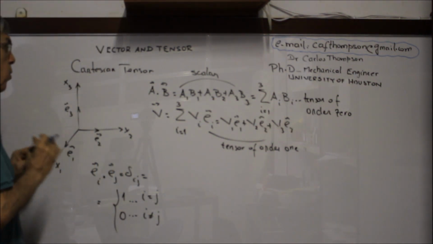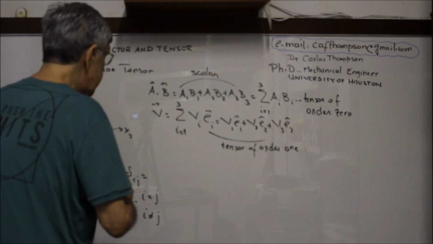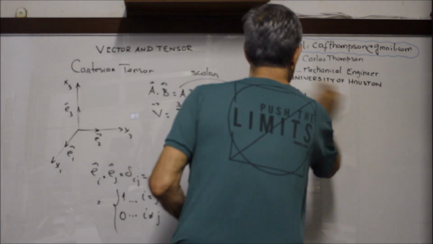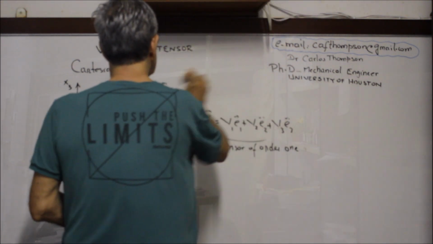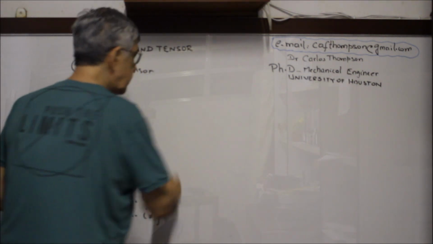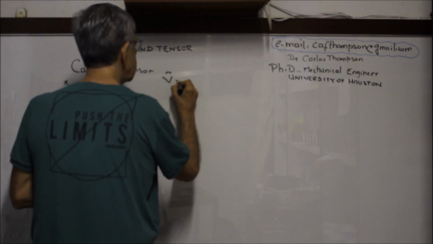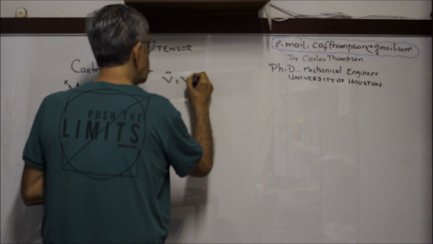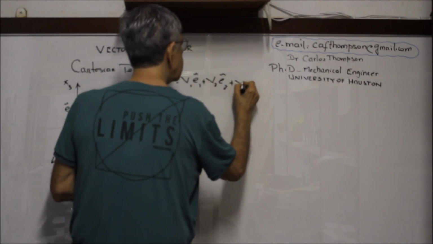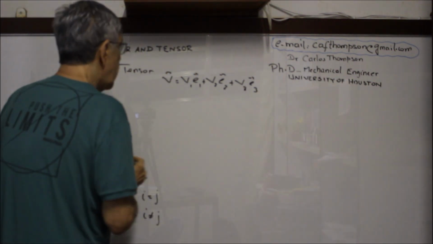Now, suppose I want to write, I will erase here to have some space. Suppose I have a vector V. V is equal to V1 E1 plus V2 E2 plus V3 E3.